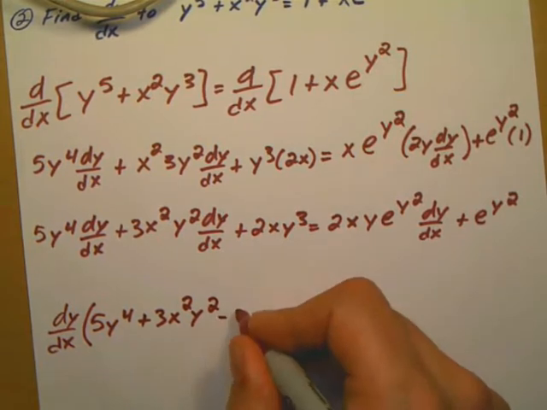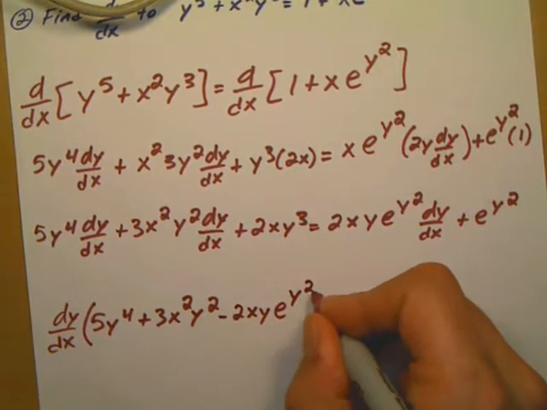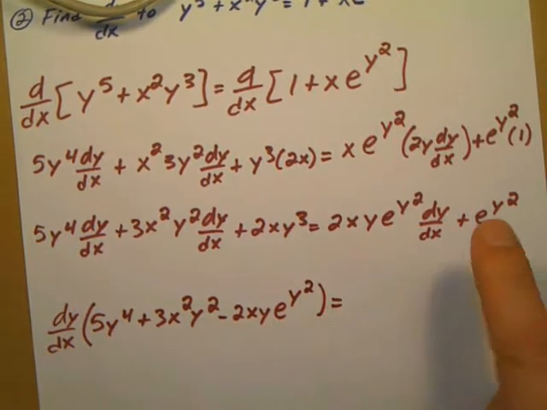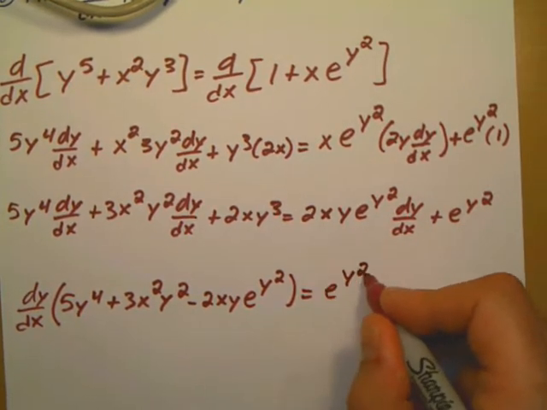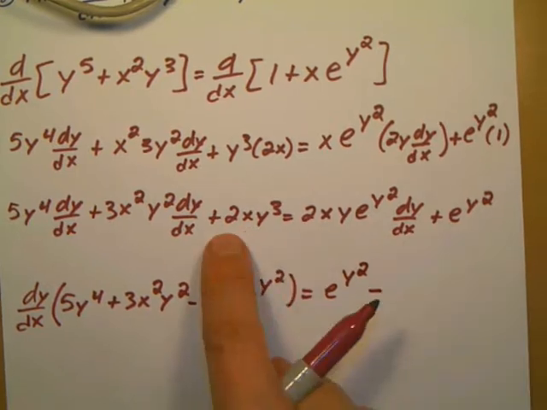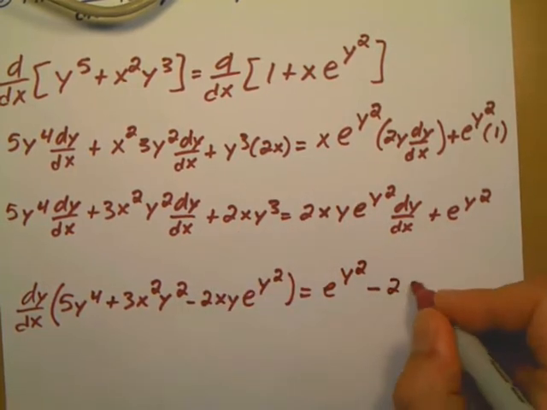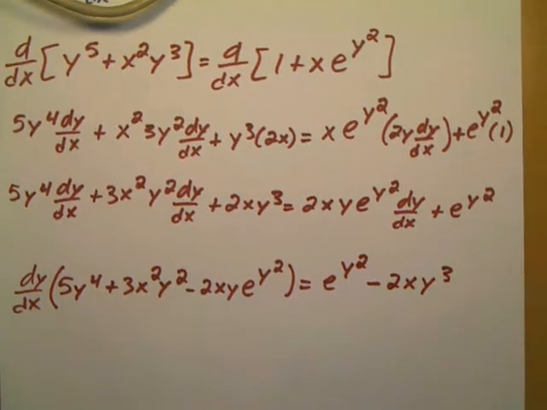Moving all of this over, it becomes negative, so 2xy e to the y squared. This over here on this side stays positive, so it's e to the y squared. When I move this onto the other side, it becomes negative, so minus 2xy to the 3rd.